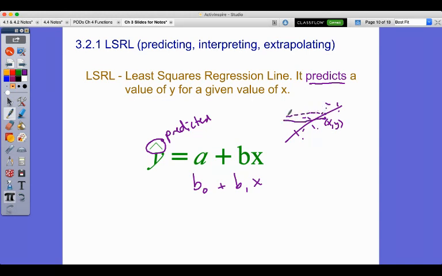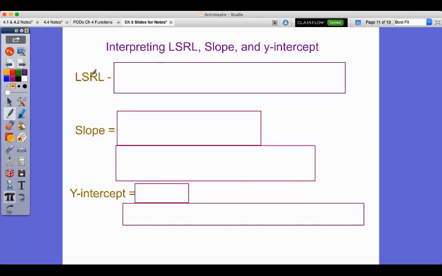This is the predicted y. And so we put the little hat on it, okay? So the difference between actual and predicted, this is an equation of what the line predicts your y should have been for your x. And if you're a little bit below or above, that's fine, but the line is a prediction equation, okay? It is a prediction equation.